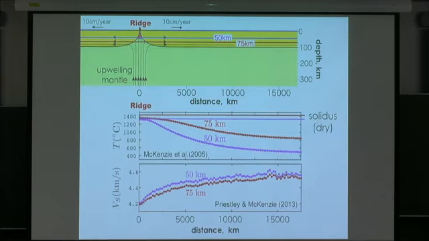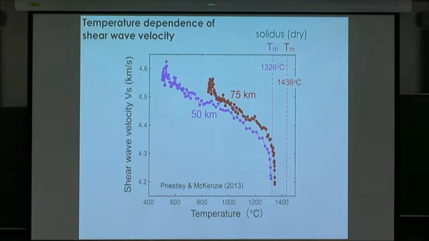So the behavior of these data is a subsolidus behavior. By combining these two profiles, they obtained a temperature dependence of the shear wave velocity, which shows a steep decrease just below the solidus temperature.